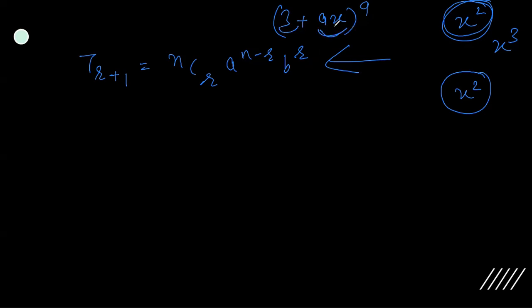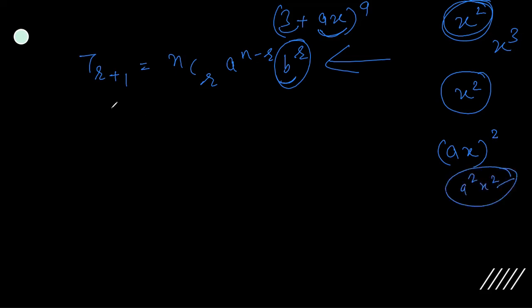When you put ax in the place of b, x square will come when r is equal to 2. So I'm talking about when r is equal to 2.